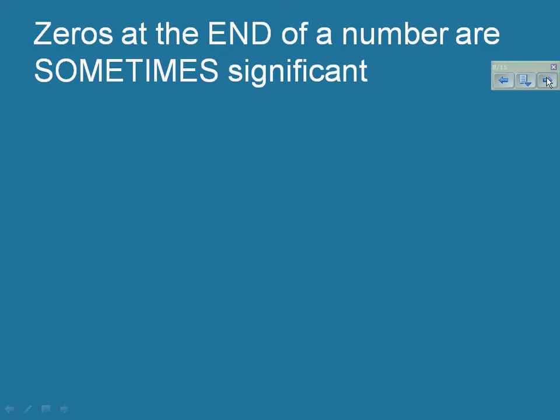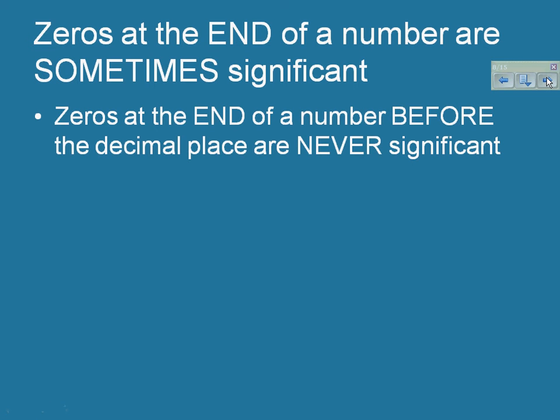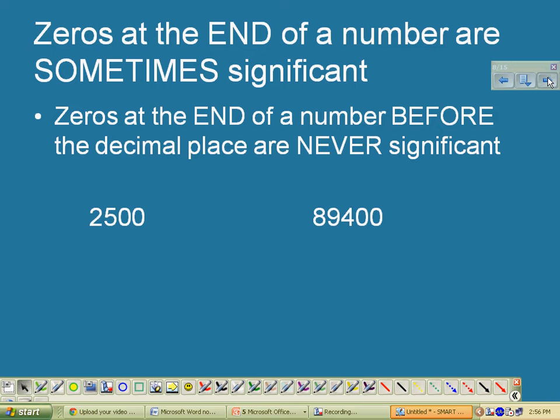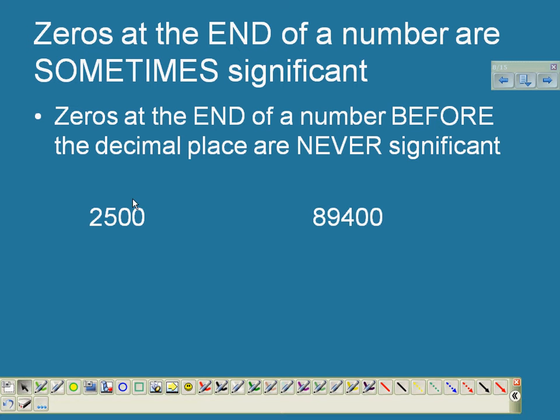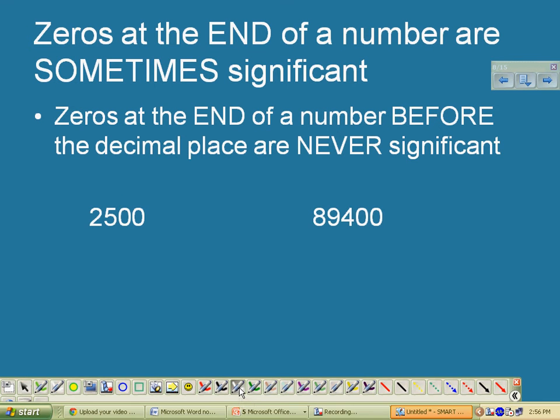Zeros at the end of the number are sometimes significant. Zeros at the end of a number before the decimal place are never significant. So looking at these two numbers, we have 2,500, no decimal place. I didn't follow this rule a couple pages back, but decimal is absent. Start on the Atlantic side or the right side of the number. Start counting with the first non-zero digit. Let's try this again.